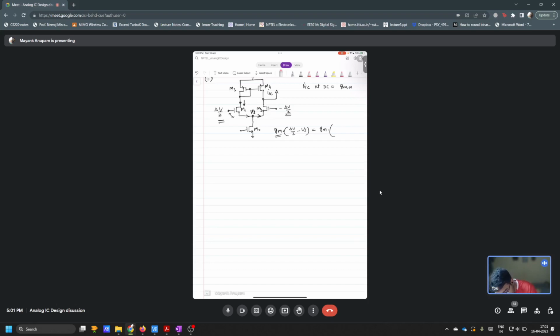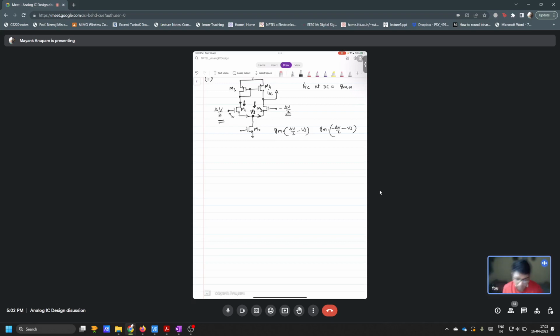Okay, so that is confusing you. Fine. What is the current flowing through MOSFET M2? GM times minus delta V by 2 minus VS. And these two currents, this current and this current, they should add to 0, isn't it?